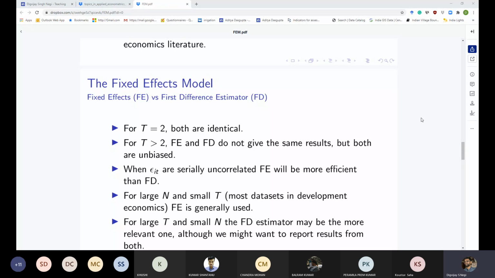For example, in the NSS surveys that we generally use, in each district some villages are randomly selected, and then in those villages some individuals are selected. The way it is done introduces clustering in the data, and that clustering means something for the error term. So the clustered effects all go into the errors.